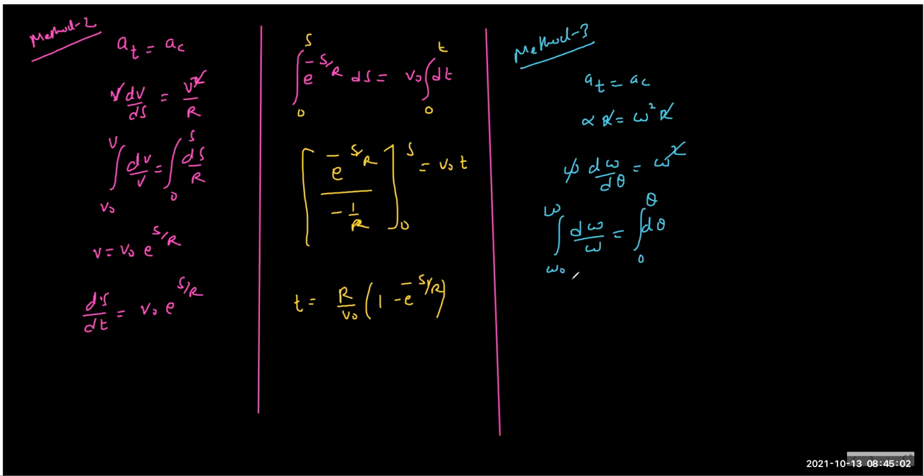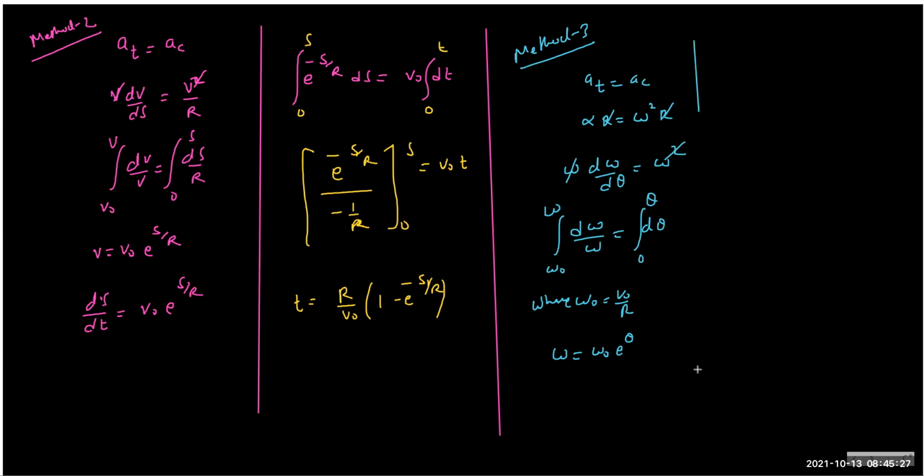Anyway, so now we can just convert this into omega naught to omega, because you start with some velocity, so you will have some initial angular velocity as well, and omega naught is nothing but v naught by r, that we can substitute later on. So this is again omega equals omega naught e power theta. That's it.